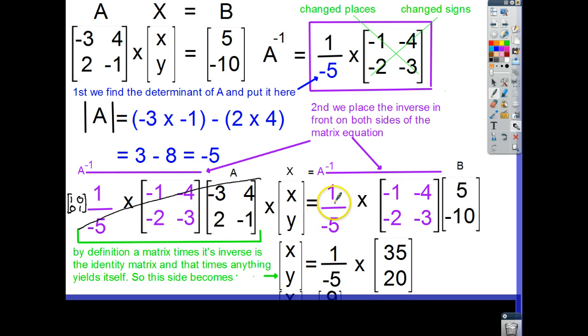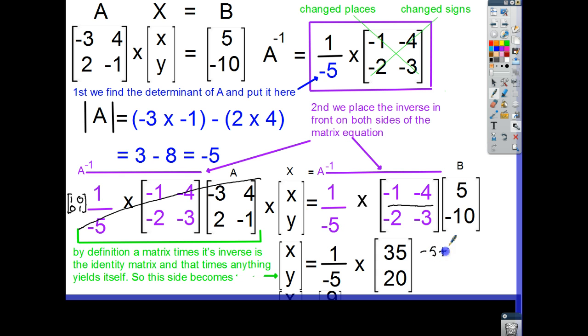So where we get our answer from is going to be on the right hand side. Now here we have a fraction times a 2 by 2 times a 2 by 1. What you want to do is multiply the two matrices first and then come back and multiply by the fraction. So multiplying the 2 by 2 times the 2 by 1, we break this up into rows. First in the row times first in the column, or -1 times 5 is -5.